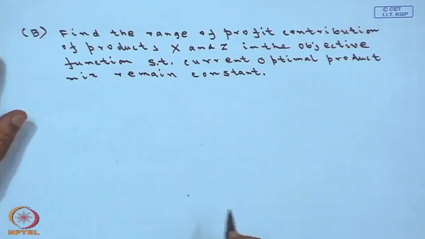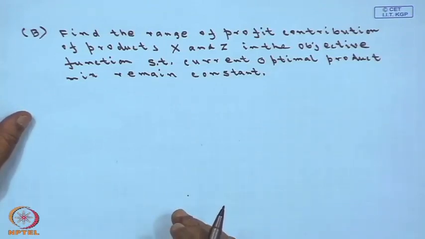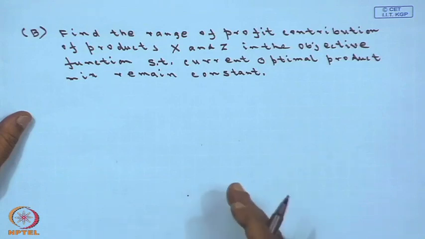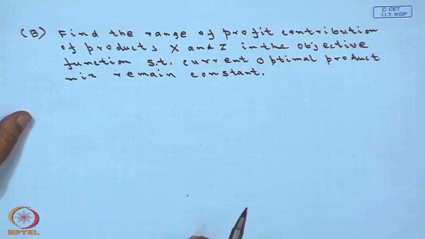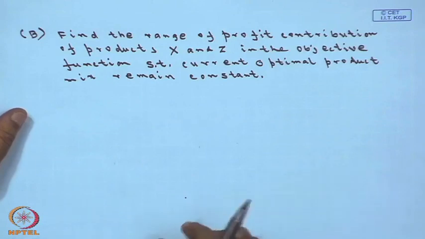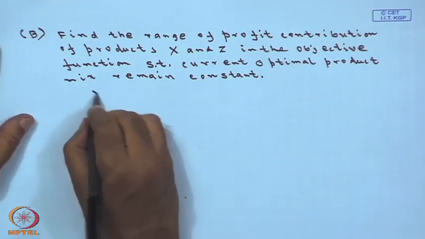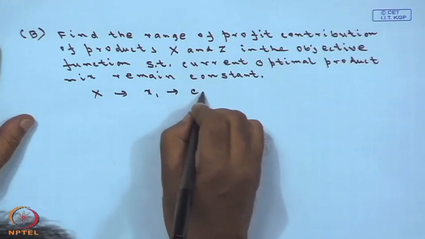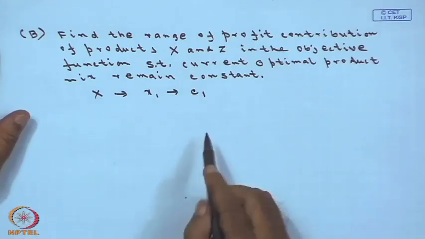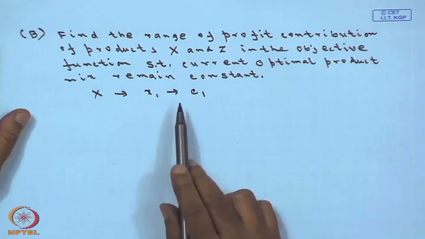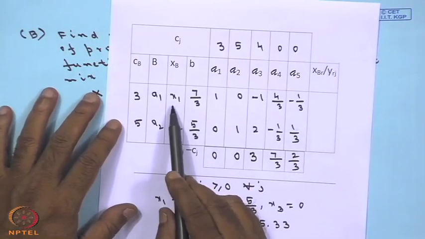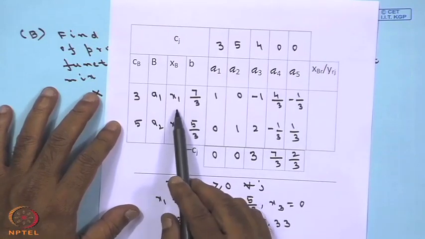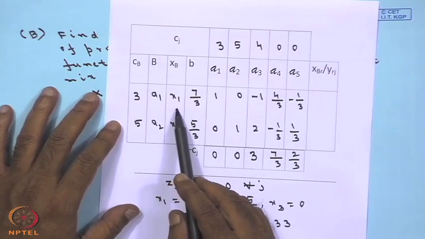Or in other sense, I want that the feasibility of the problem should remain same, but if there is any change, then what should be this one. So, say for product X, x 1 is the variable and your C 1 is the cost coefficient corresponding to x. If you see the optimal table, x 1 is present in the basis.